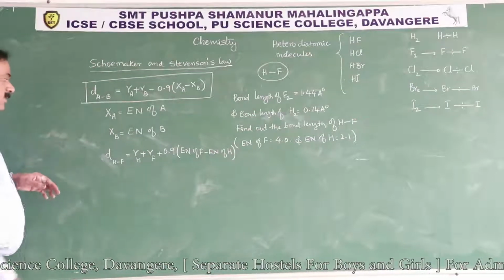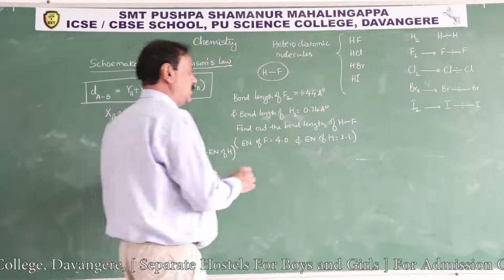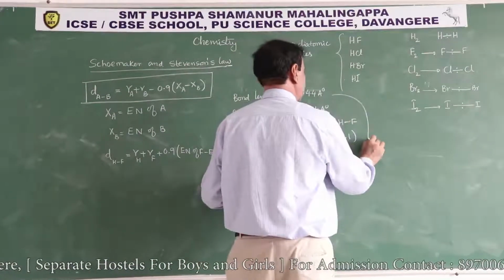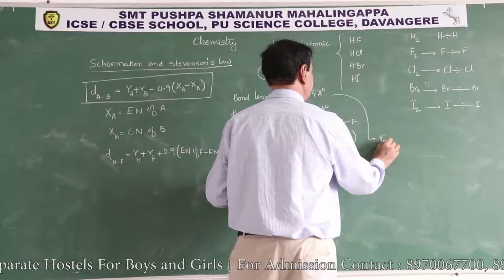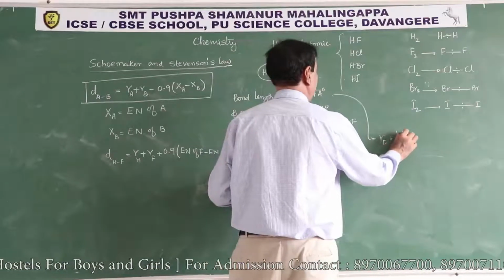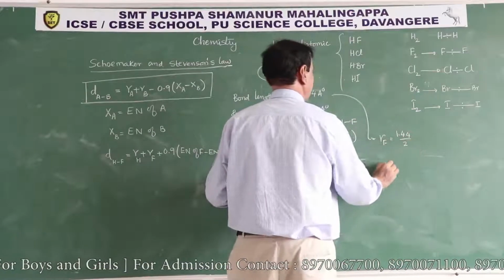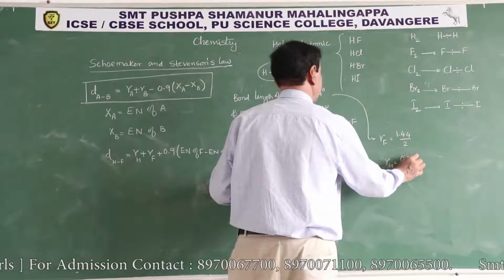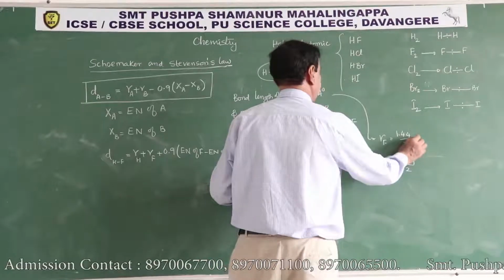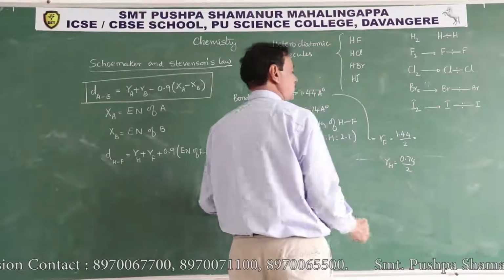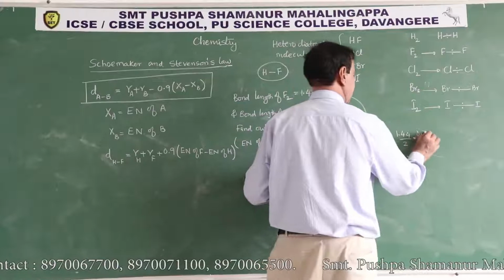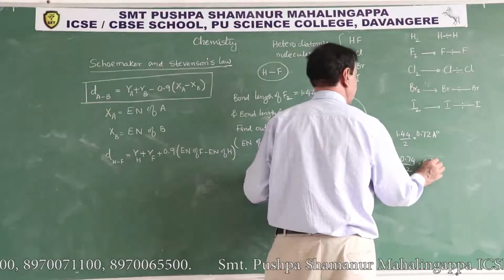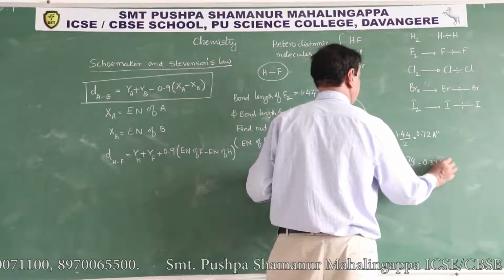RH is a homonuclear distance. Therefore, RF is given by 1.44 divided by 2 and RH is given by 0.74 divided by 2. What about 1.44 divided by 2? That is 0.72 Angstrom unit. This is equal to 0.37 Angstrom unit.